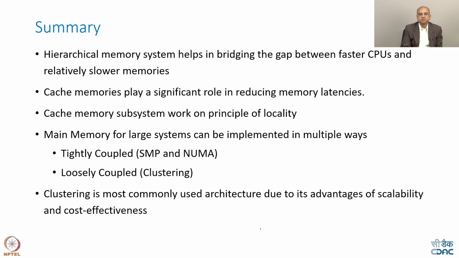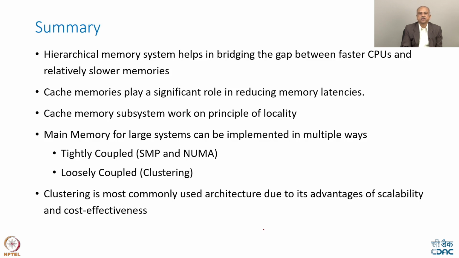If you look at the main memory, it can be implemented in many ways. The tightly coupled ones are SMP, symmetric multiprocessing, and non-uniform memory access, whereas the most popular architecture today for supercomputers is the cluster, which implements a loosely coupled memory architecture. The reason clustering is so common is because of its scalability and cost effectiveness.